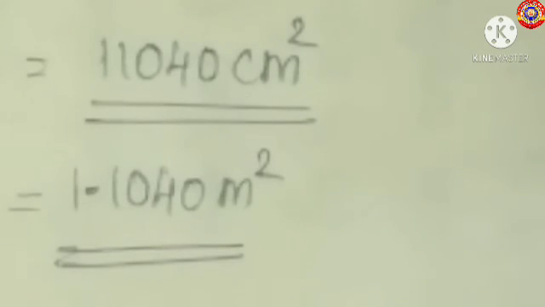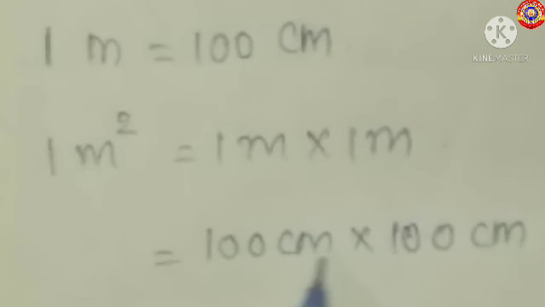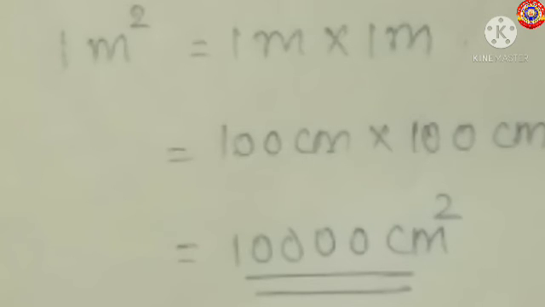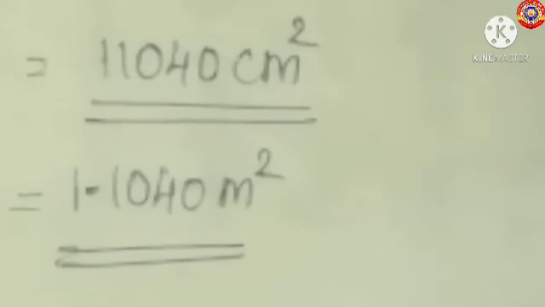Why? Because we know that 1 meter equal to 100 centimeter. So 1 meter square equals 1 meter into 1 meter. That is 100 centimeter into 100 centimeter, which is equal to 10,000 centimeter square. Thus we can write 1.1040 meter square.